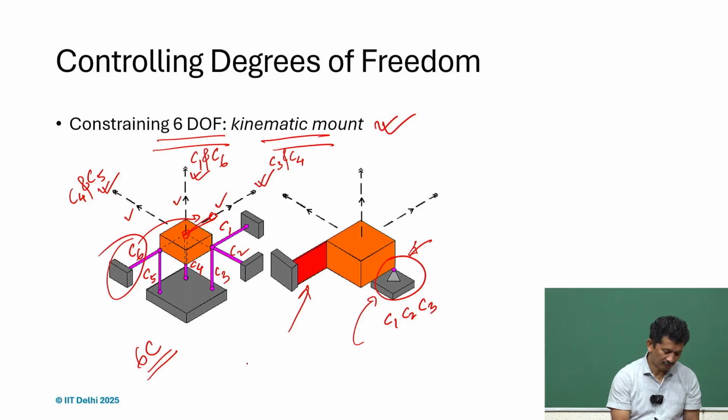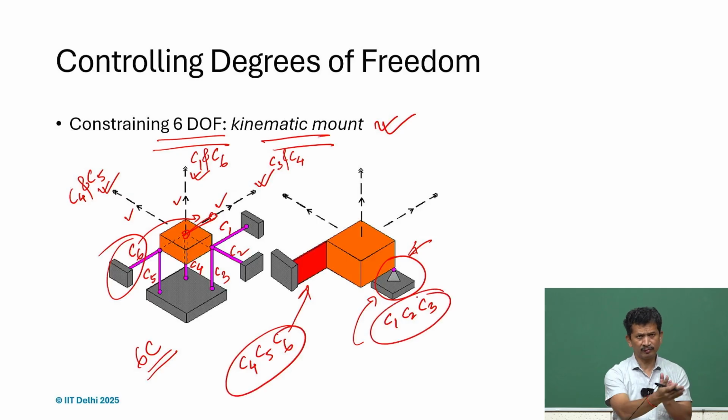C4, C5 and C6 is nothing but a planar constraint. So, a sheet flexure can be used in that case, and then we can get the equivalent design.